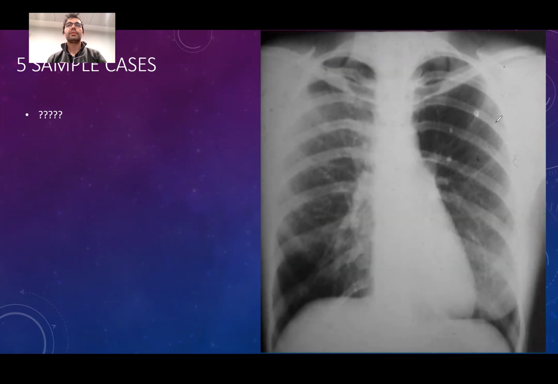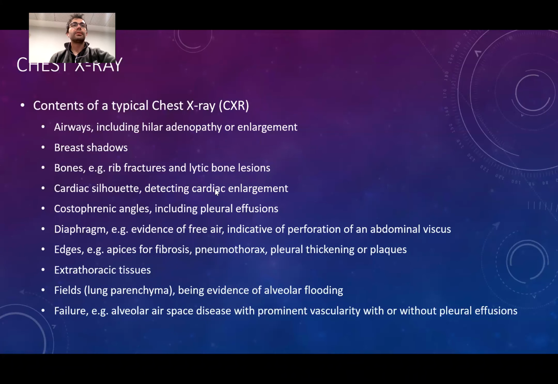This is not a bone lesion, by the way, don't worry. But there could be a bone lesion that we have missed easily. When we are looking at a chest X-ray, we should not be looking at everything at once. So we should have a systematic approach in our minds.